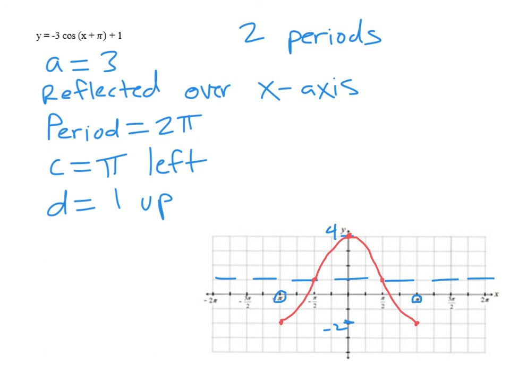So I could mark on this one, to get to 2 pi, that's just half a period. So I could go there. And then I could go back this way, get up to 4 again right there, and go like that. So I did 2 sort of, just built a half period on either side.